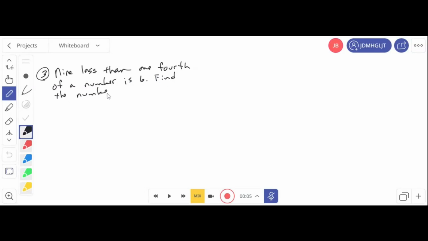Find the number. I want you to do number 3 and tell me what you get for an answer.